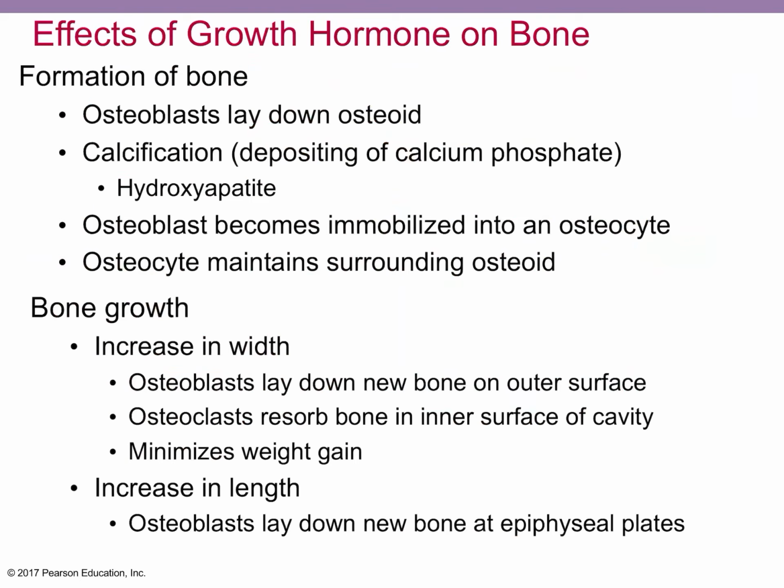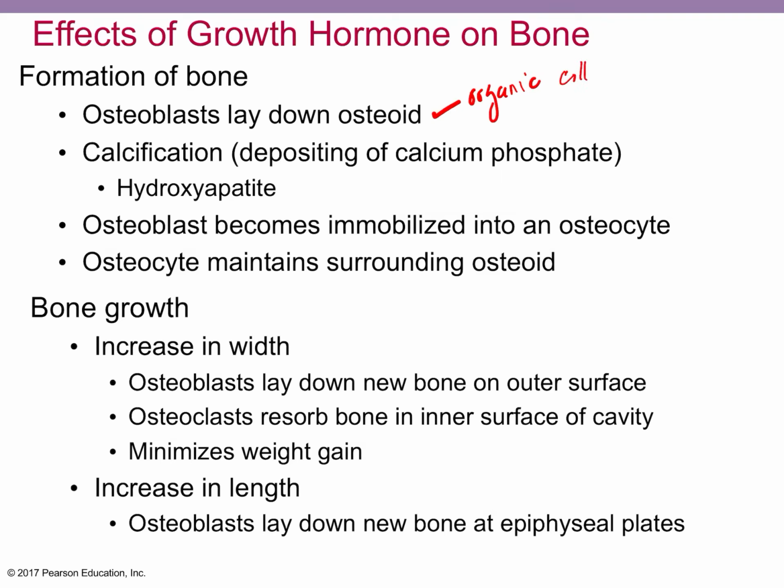So if you forgot what osteoclasts, osteoblasts, all the bone cells were, you can review that on page 621. But growth hormone will stimulate bones to grow in width, in the diameter, and also in length. So in terms of just reviewing how bone is formed, osteoblasts will lay down osteoid. So osteoid is the organic component of bone.